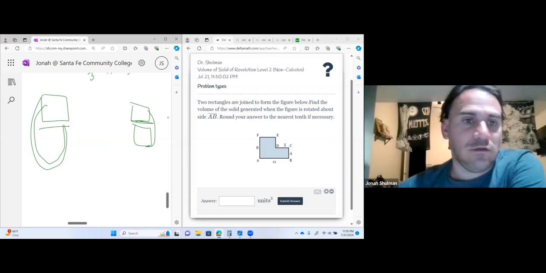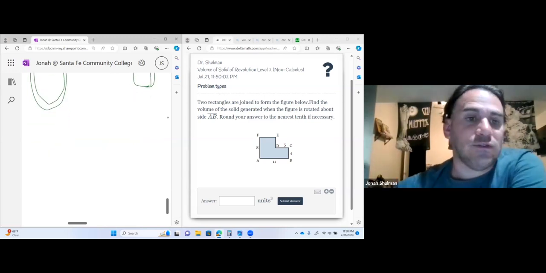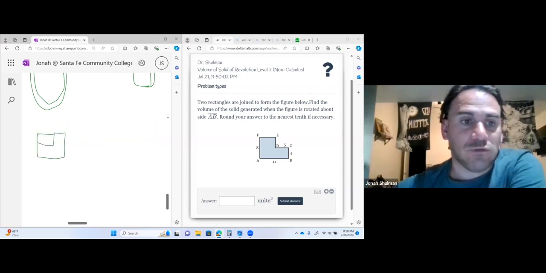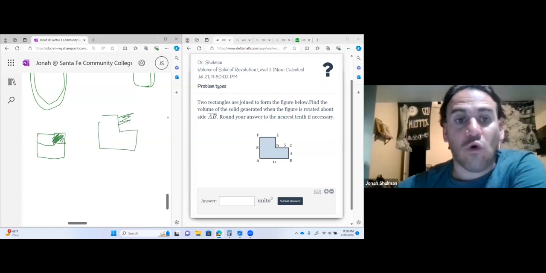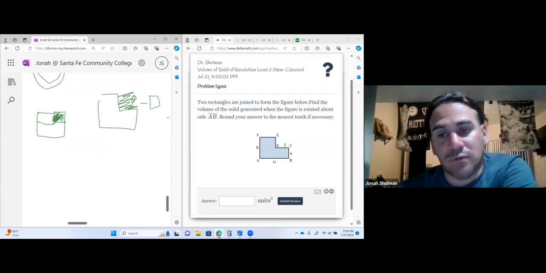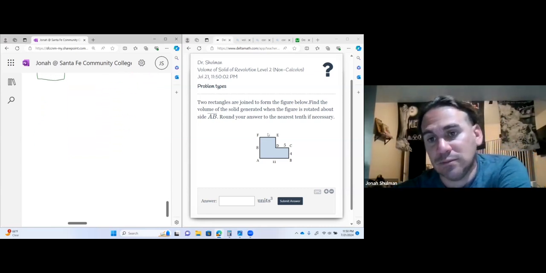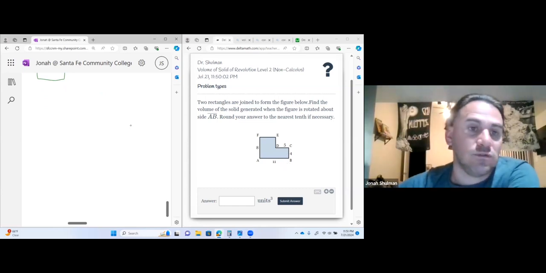We could have done another way. We could think about it as the whole thing spun around, like if the box was full. I'll draw it better, sorry. So we could imagine the whole thing and subtract the little cylinder. But to me, when I look at this, it's this piece spinning, and then it's this little piece spinning. So it's two cylinders.